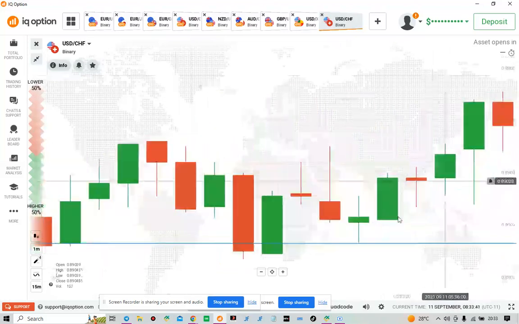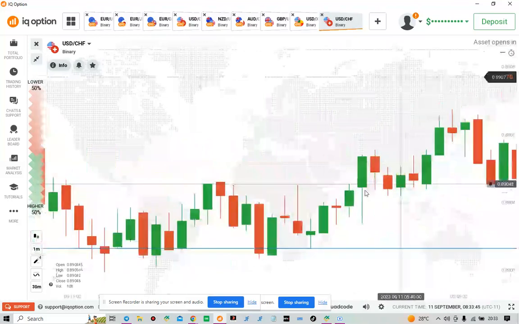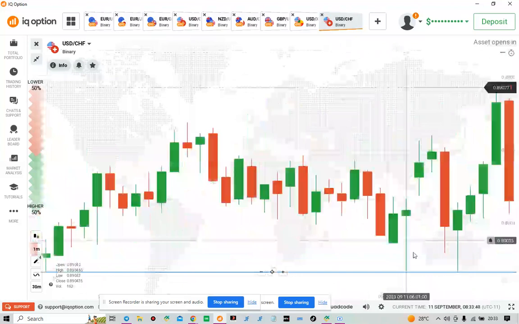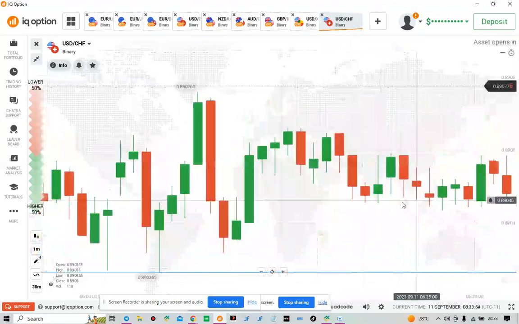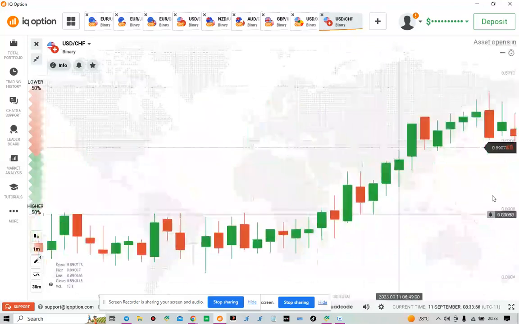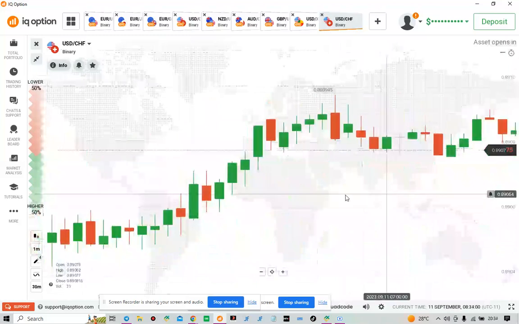Then finally, the price keeps pushing higher and does not come back to that same level again. But what I'm seeing is some rejection, and then the price keeps pushing higher, something like that.